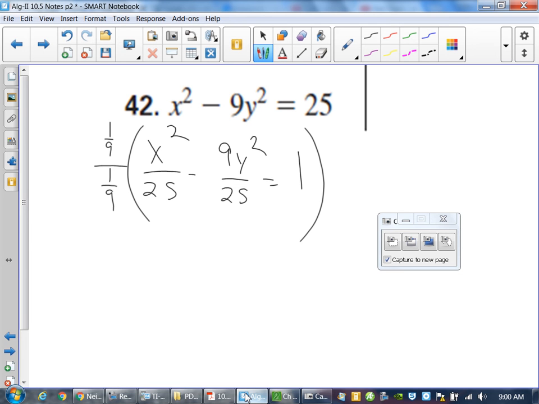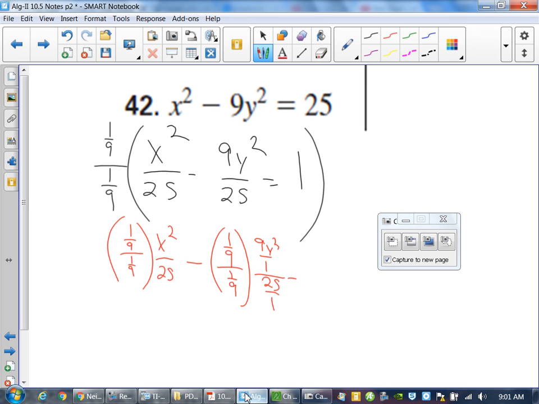Now watch what happens. If you go long form with that, you get 1/9 over 1/9 times x squared over 25 minus 1/9 over 1/9 times 9y squared over 1 divided by 25 over 1 equals 1. Because this is still going to be 1.